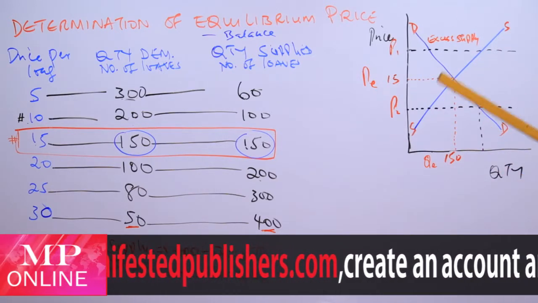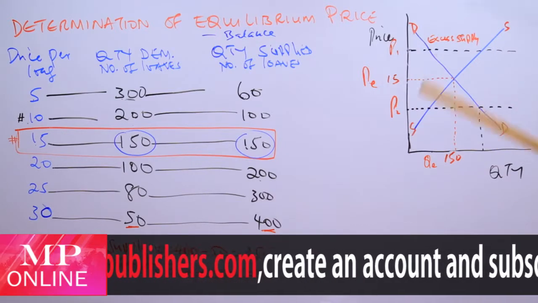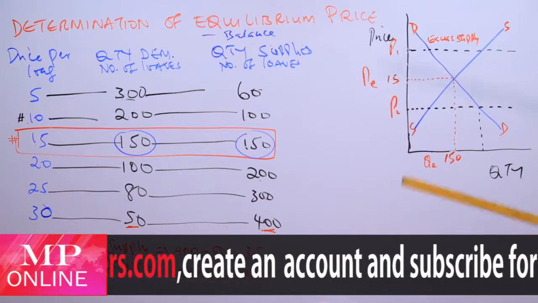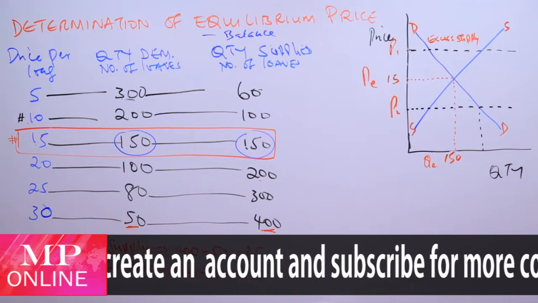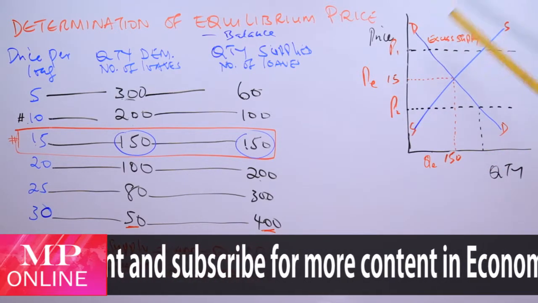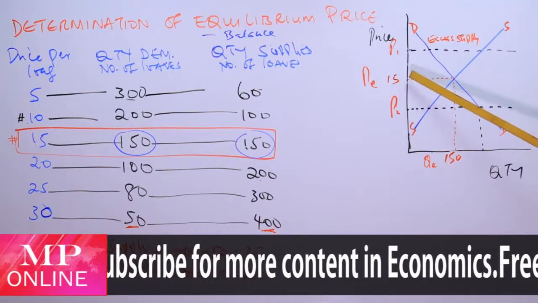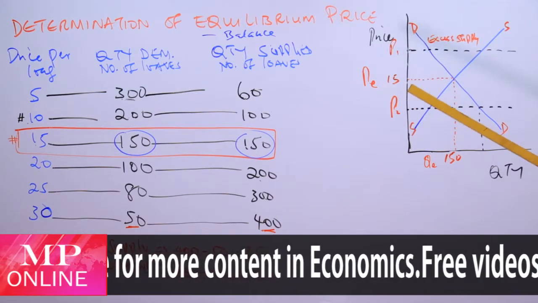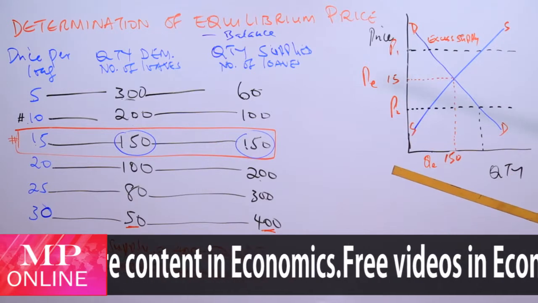So we're saying that if price is set at P1, which is above the equilibrium price, there would be excess supply in the market.